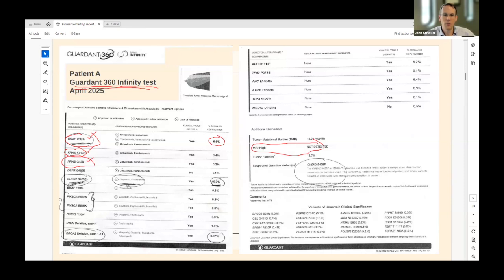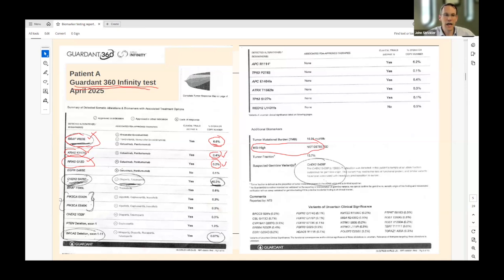So these will typically grow out to drive resistance. And look at the mutant allele frequency coming in very low at 0.4% and 0.2%. That's a classic sign. It's much lower than the dominant driver mutation. So this is what you call subclonal. It's like trying to grow out to evade the targeted therapy.